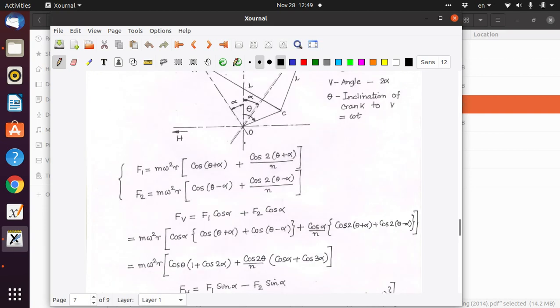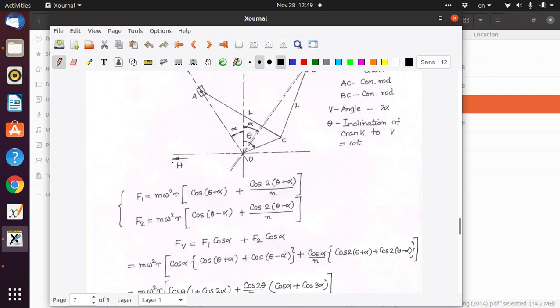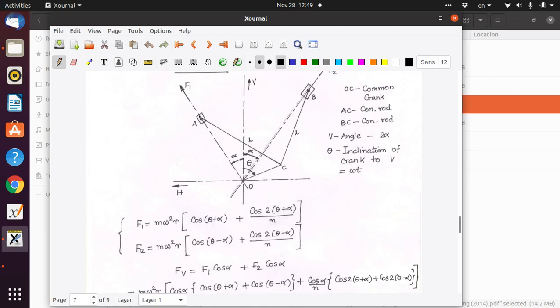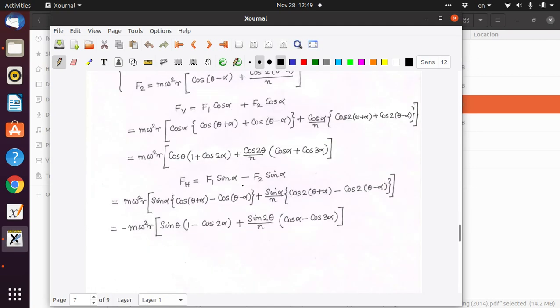And if you take the horizontal direction, then it is F1 sin alpha minus F2 sin alpha.